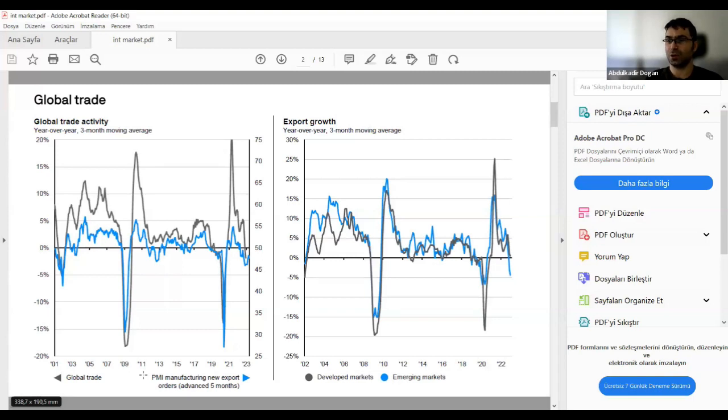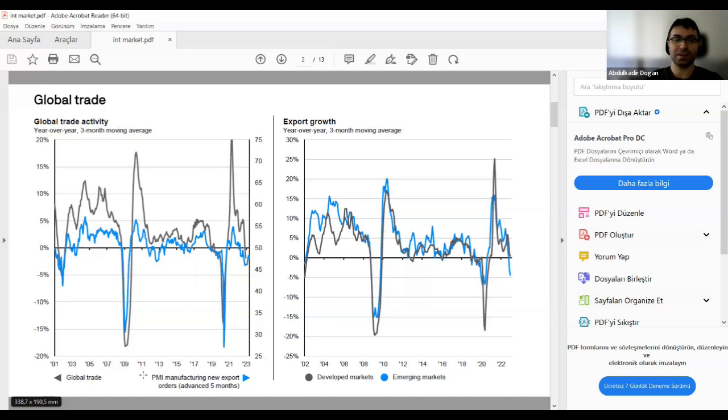You are making a survey, somebody is asking a question, and the question is in this style: what is the change in sales in the local market during the last month? Or they are asking: what is your expectation for the next 3 months for revenue growth? These are real market indicators, and the purchasing manager index calculates these activities.